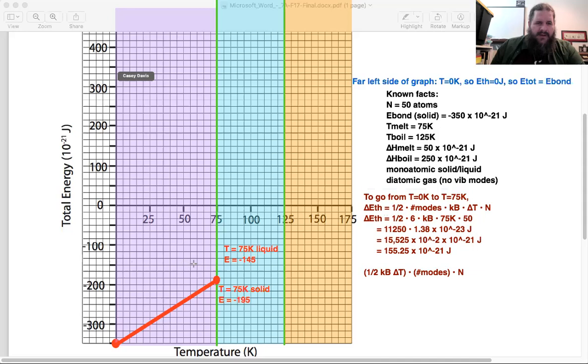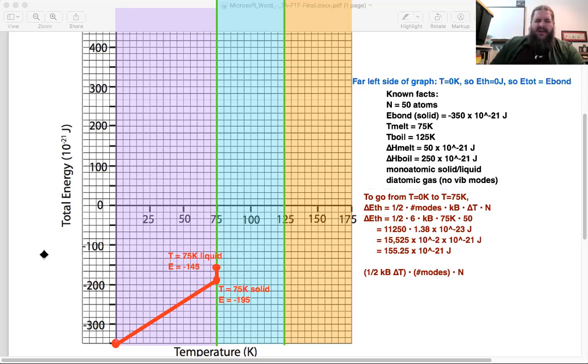Negative 145 is going to be about here, something like that. And so that's our entire melting process, just this little jump from negative 195 up to negative 145. That's the melting process.